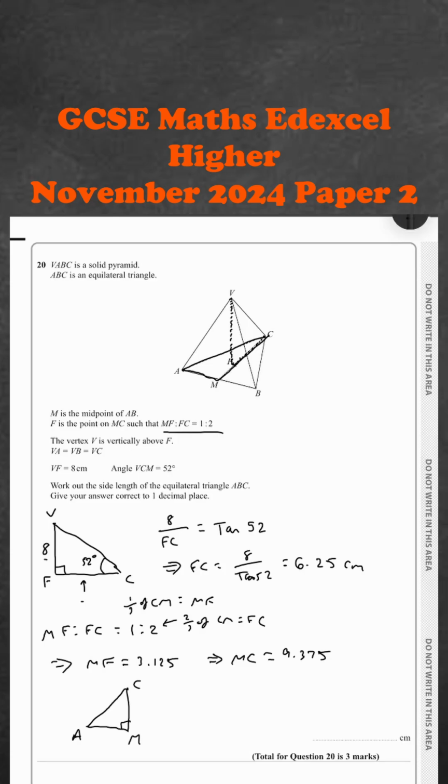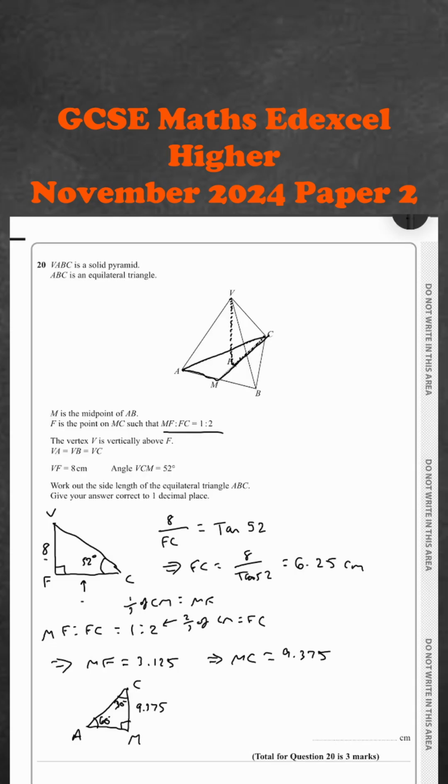We know that this angle here is 30, as it is half of the 60 of the equilateral triangle, as it's on the midpoint. MC is the midpoint line that bisects the angle. And this angle at A is going to be 60 because it's on the equilateral triangle ABC. We know that this length here is 9.375 as we worked that out earlier.